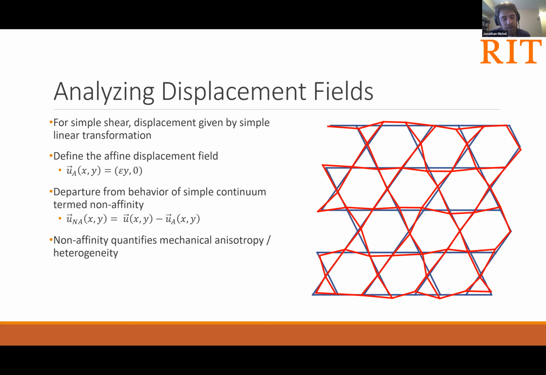So this quantity of non-affinity has been widely attested as a means of quantitatively describing the mechanical anisotropy or heterogeneity of a network.